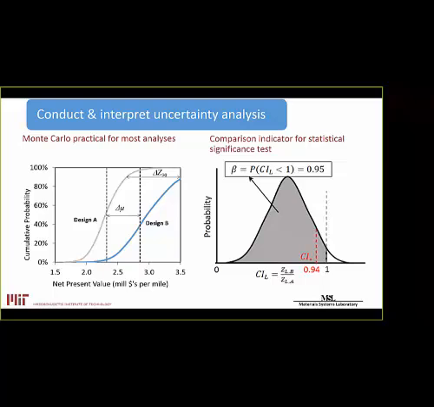And really the reason that's important is because it accounts for a correlation between the two alternatives in each analysis. And then this beta value is looking at what's the probability that you can basically say that one is better than the other. So that tells us how much statistical confidence we have in the results.